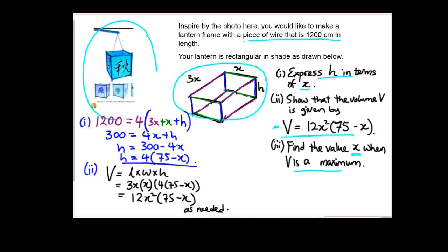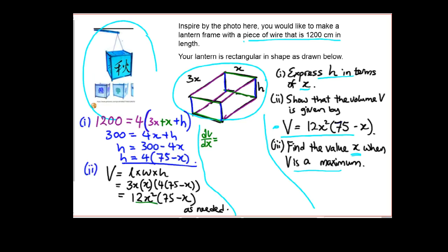Now question number 3. In order to get the maximum value, I really need to take the derivative, so dV/dx in this case. So here's a product, so I have to use the product rule.